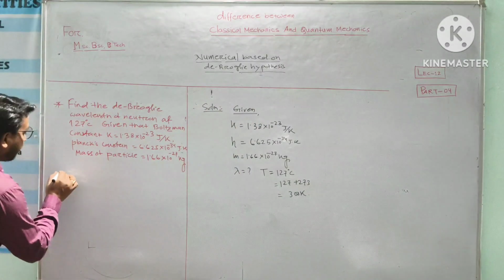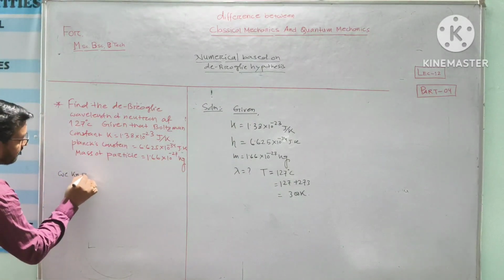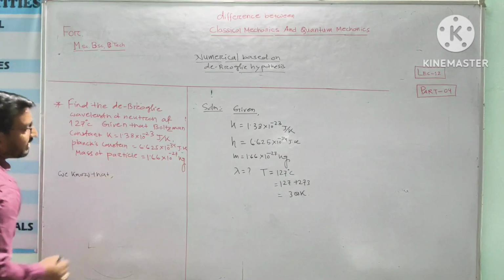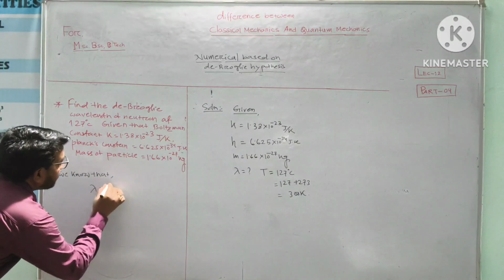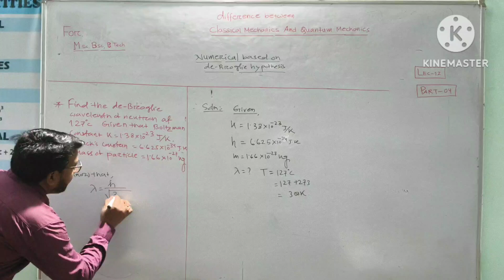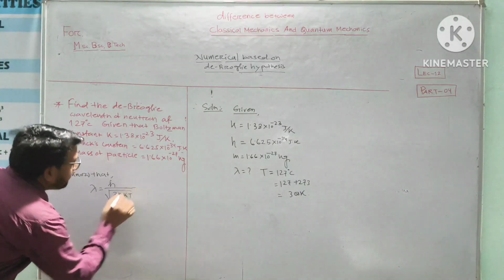Now we know that by using the de Broglie wavelength in terms of temperature, lambda equal h by under root of 3mkT.